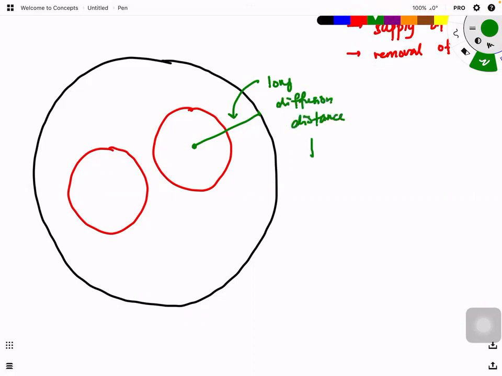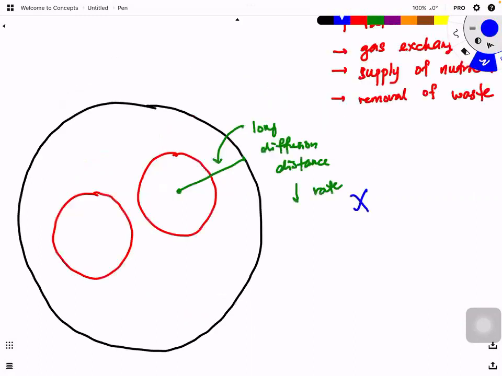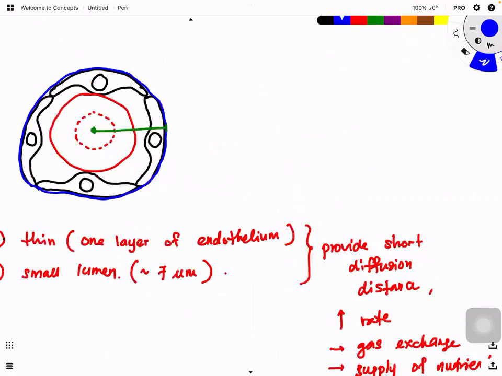So this will decrease the rate, which is what we don't want. Are you clear? So therefore, we have very small capillaries, and instead of having one, we actually increase them, right?